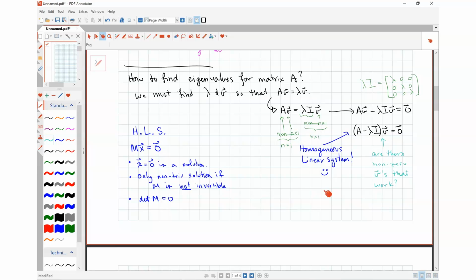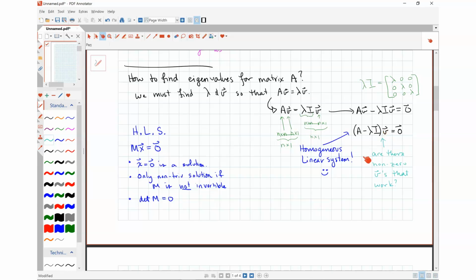And if we set the determinant equal to 0, then we'll be guaranteeing that if we find a lambda that satisfies this, that can make the determinant equal to 0 when we plug in, we'll be able to find a vector v that's not the 0 vector and is a solution to the system.